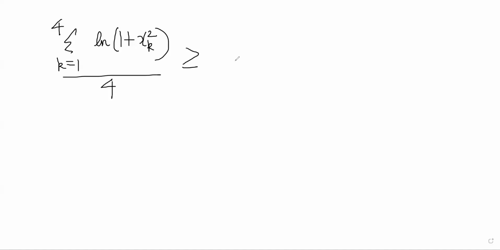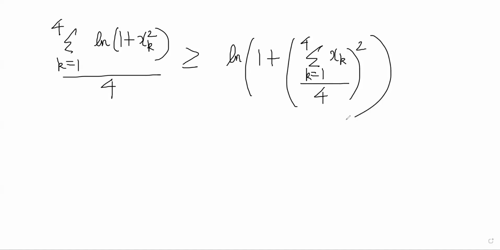So we are saying summation k goes from 1 to 4 ln of 1 plus xk square, whole divided by 4, is greater than or equal to ln of 1 plus summation k goes from 1 to 4 xk divided by 4, whole square.